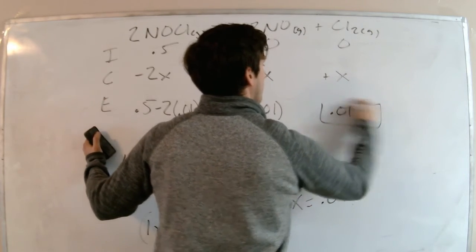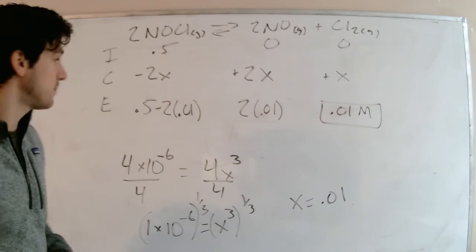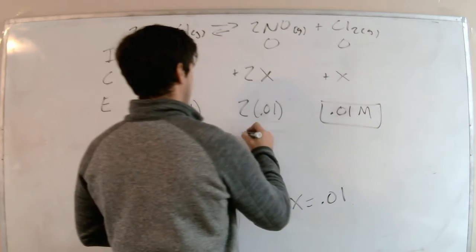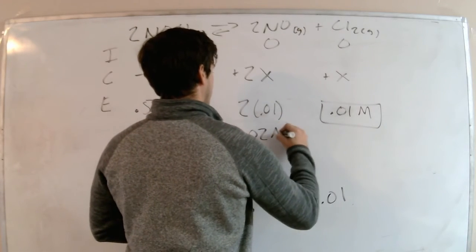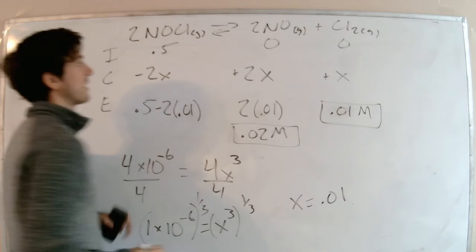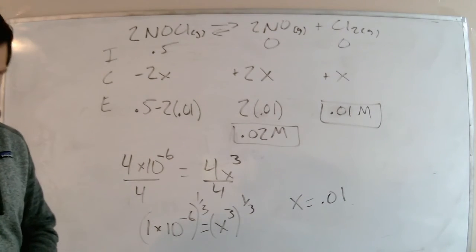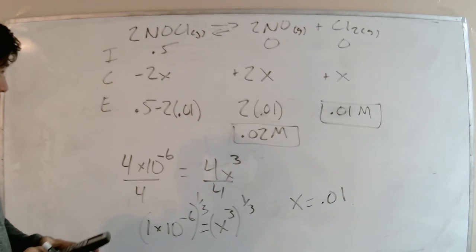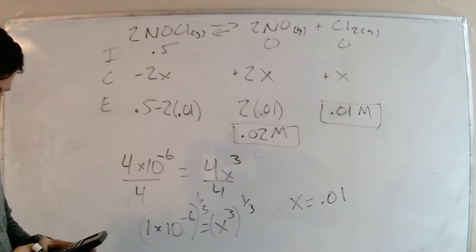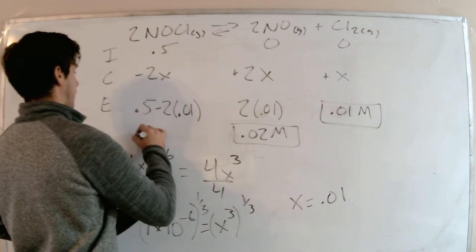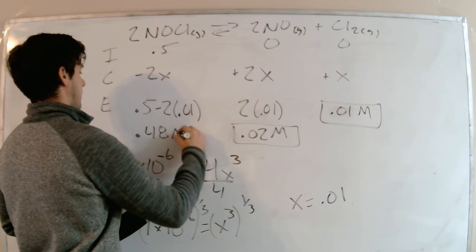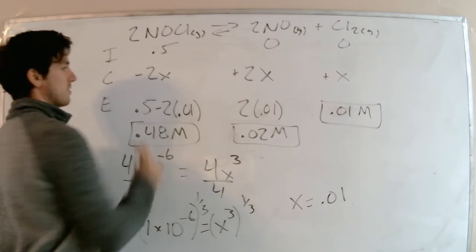So I already have Cl2. This just becomes 0.02 as my concentration for NO, and then this becomes, because I don't trust myself, 2 times 0.01, 0.48 as my concentration.